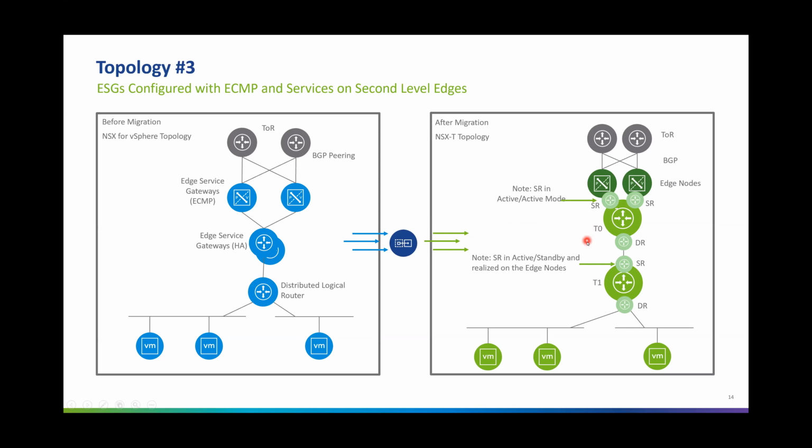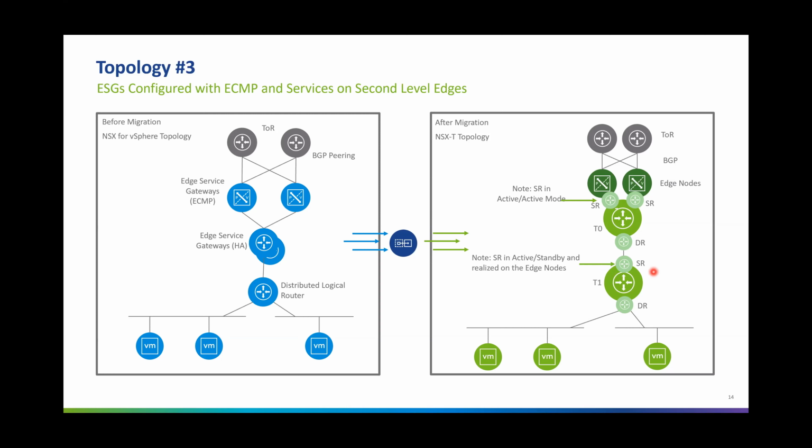And the reason we have that additional T1 at the bottom is so that we can support these services that we're bringing over that are in that edge services gateway. So that SR component where the green arrow is pointing on the bottom right there, that guy there is doing whatever that edge services gateway HA was doing on the left. So maybe they were doing a NAT or something of that nature.